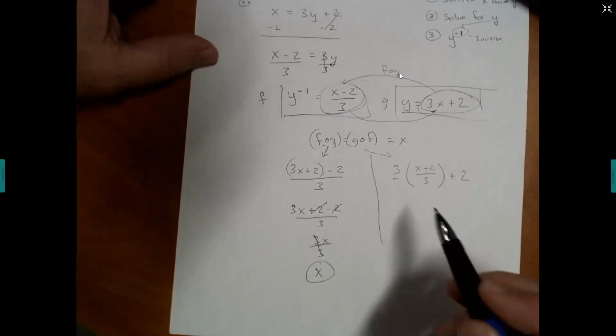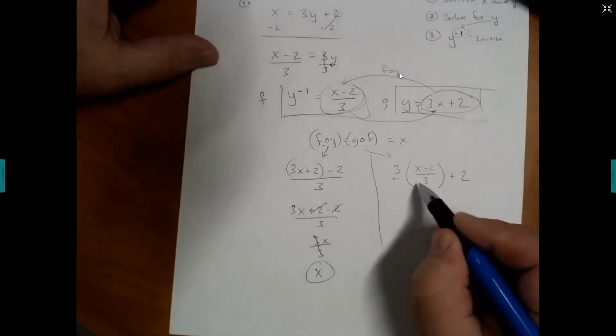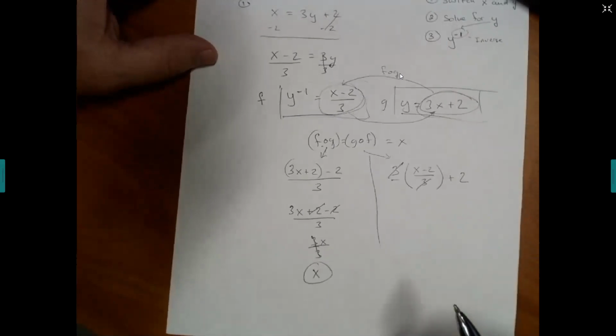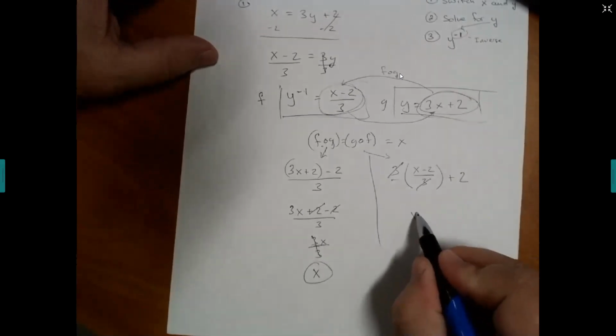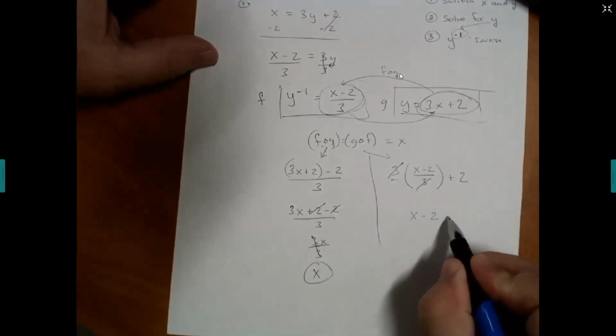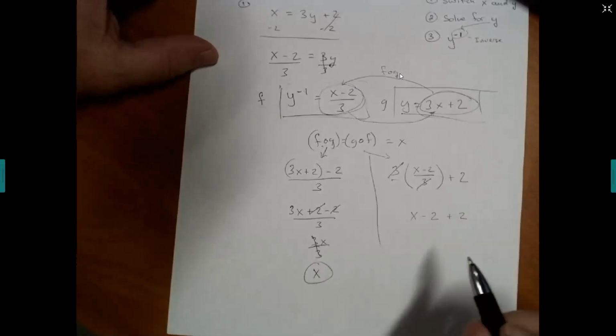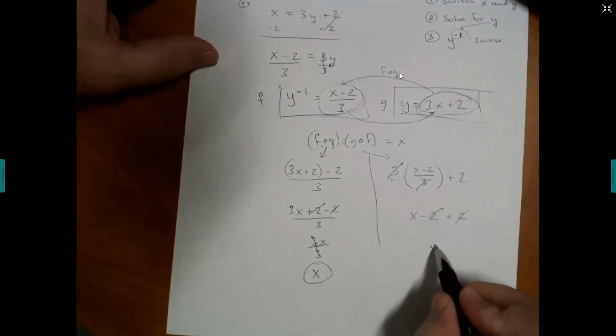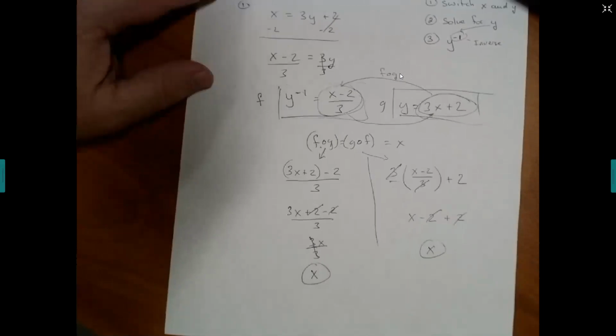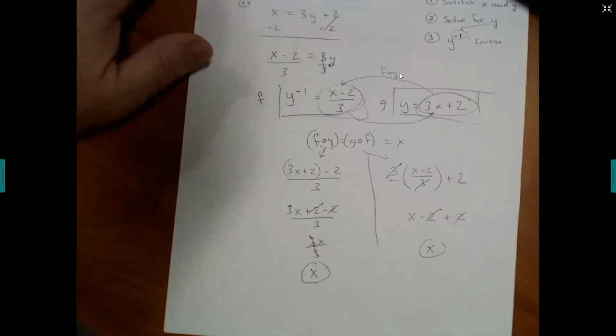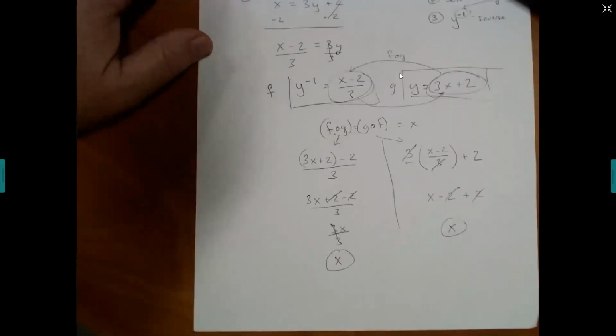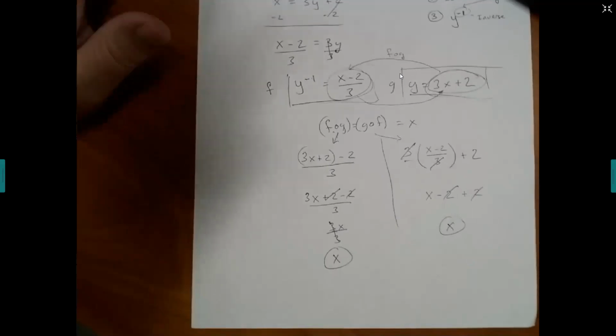So first thing we do here, whenever you multiply fractions, is ask can anything cancel, top and bottom? Yeah, the 3's can cancel, leaving me with x minus 2 plus 2. The 2's cancel. So because they both equal x at the very end, that means they're inverses.